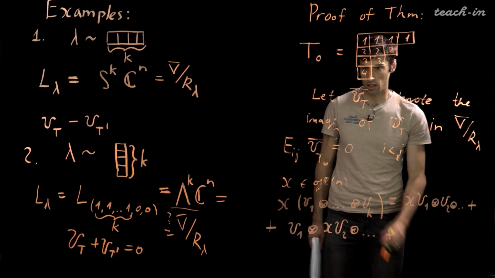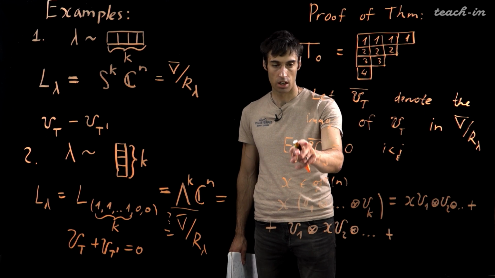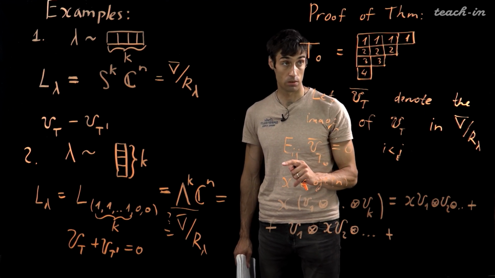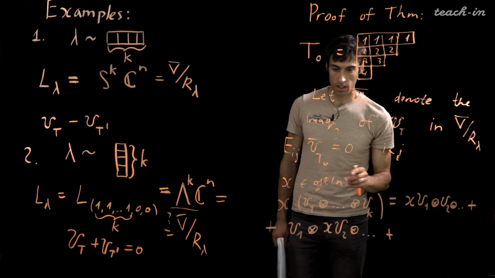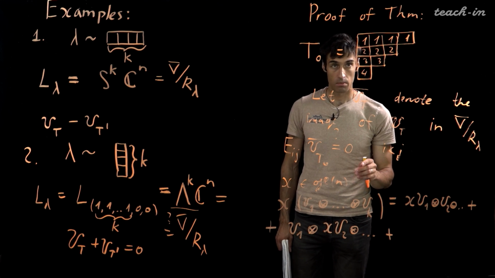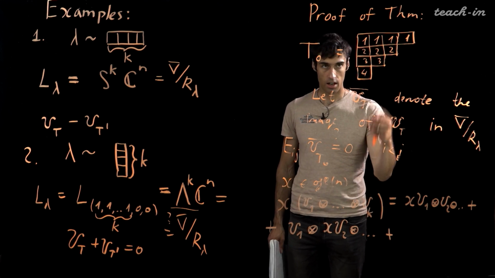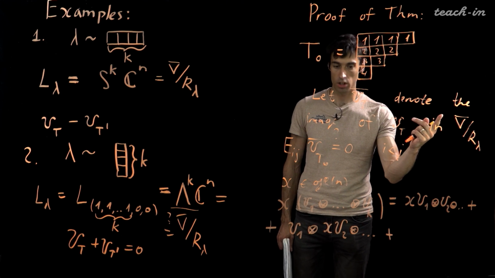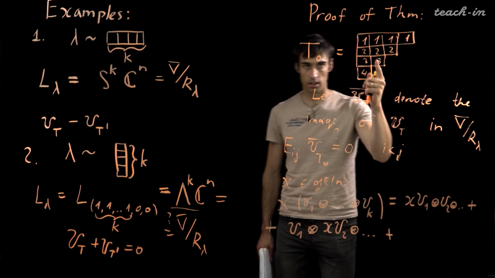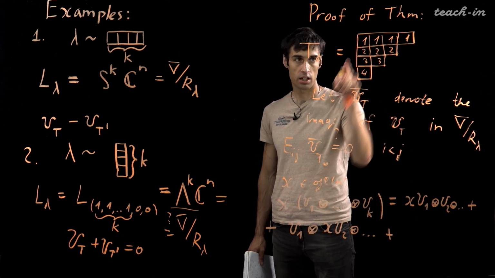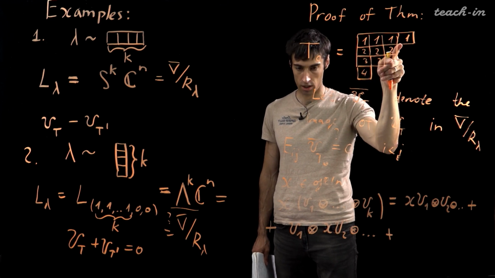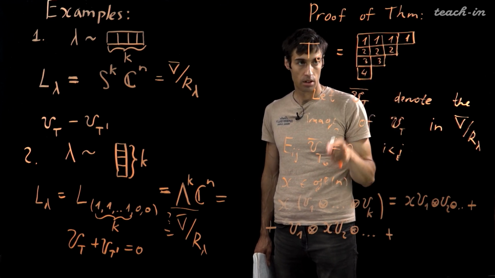So it means that if I take e_ij acting on v_t0, that means that I have a bunch of terms, and in each term my e_ij acts on a corresponding box, right?